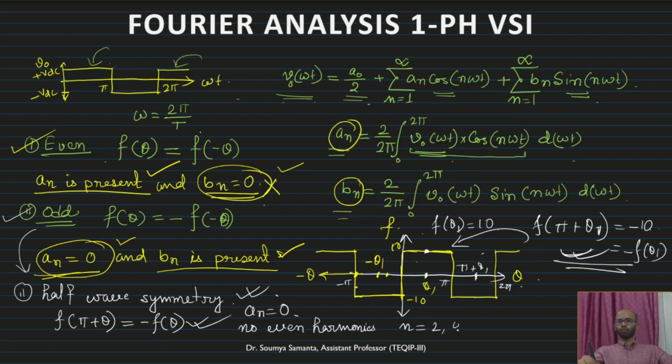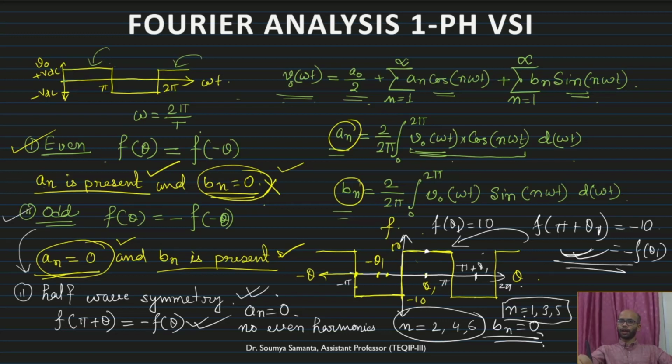For n equals 2, 4, 6, bn will be equal to 0. For these cases only bn will be 0, and bn will be a finite value for the other cases, that is for n equals 1, 3, 5. For odd terms we will get bn only; we will not get it for even terms. There is another advantage that I will tell a little later. So this is half wave symmetry.